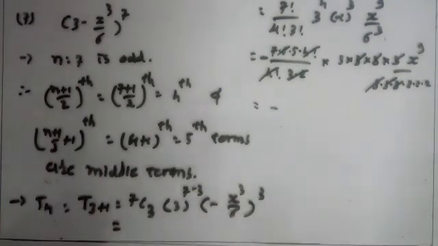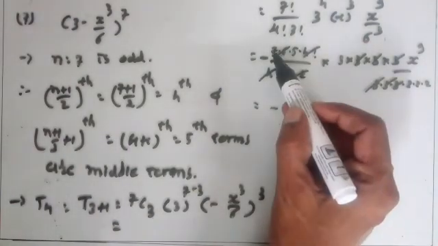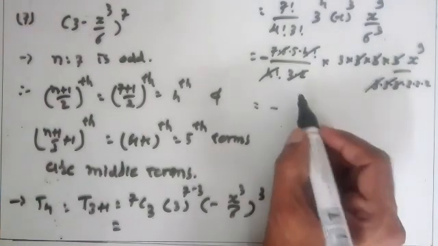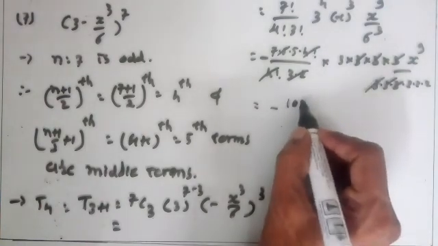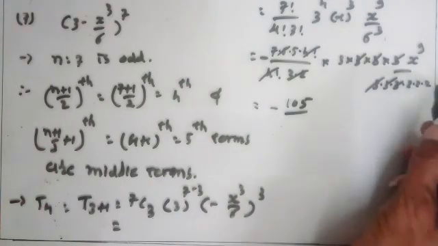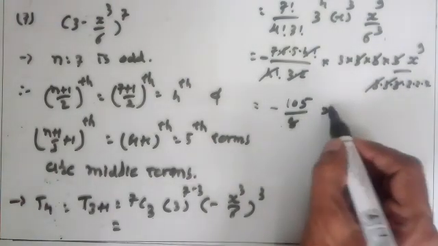Using a calculator, it becomes minus 105 upon 8 x raised to 9.